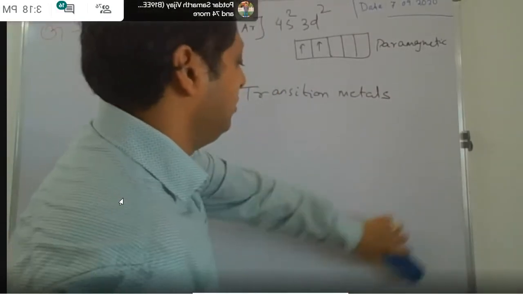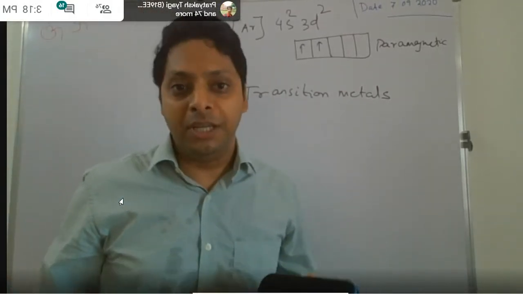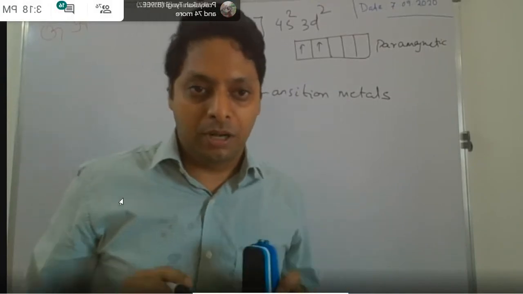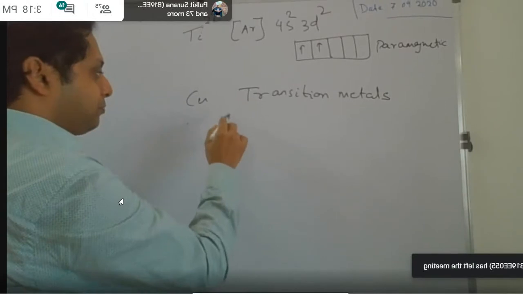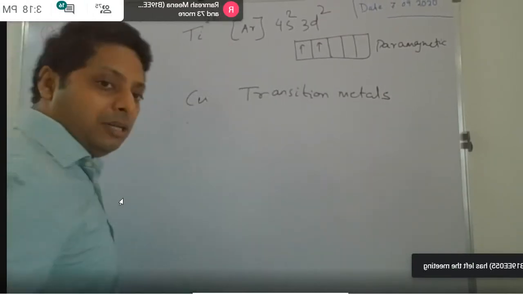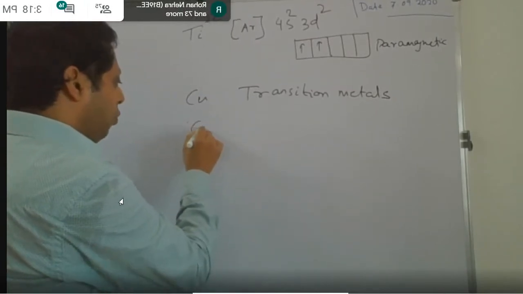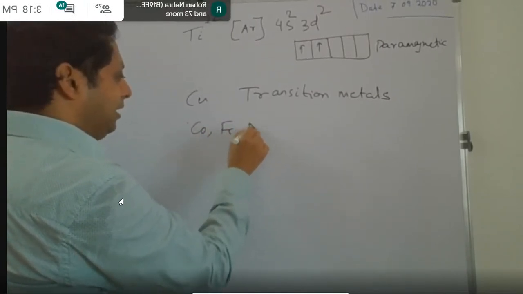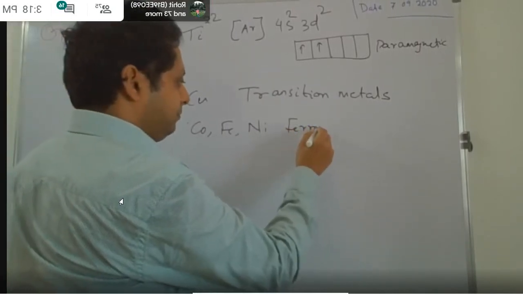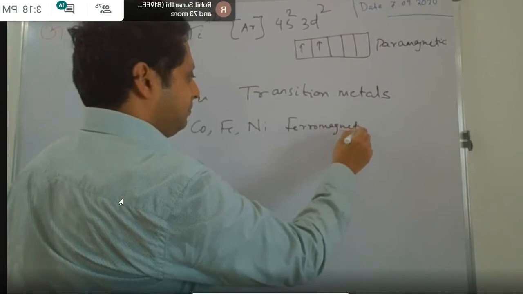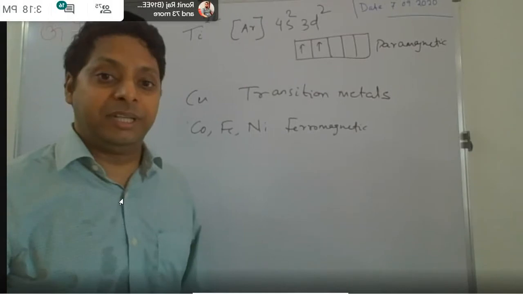So you can tell whether an atom will be paramagnetic or diamagnetic by looking at the electronic structure. But in this periodic table, among the transition metals, cobalt, iron, and nickel are the only ferromagnetic ones. The rest are paramagnetic or maybe diamagnetic.